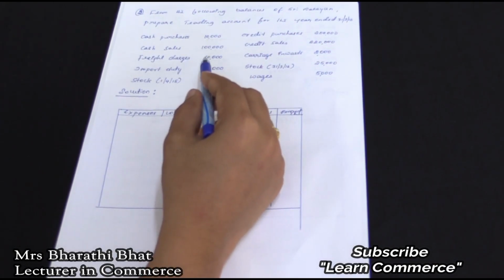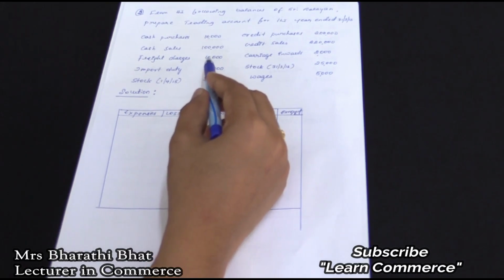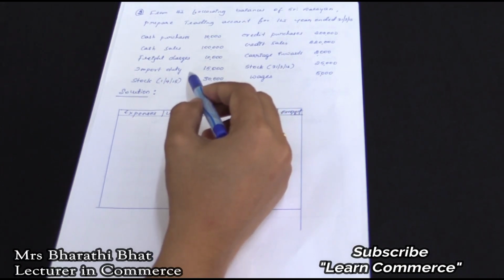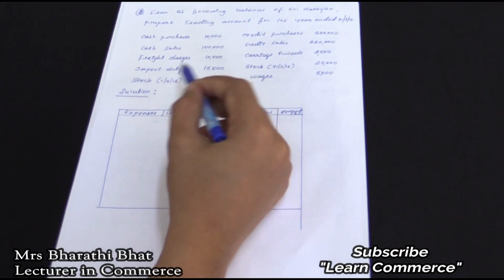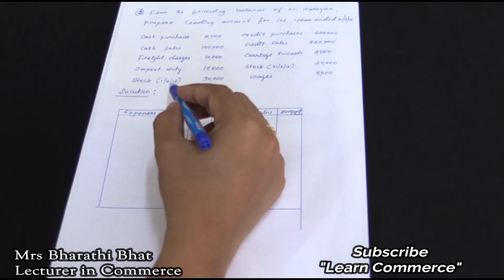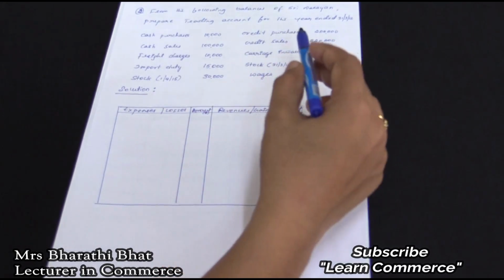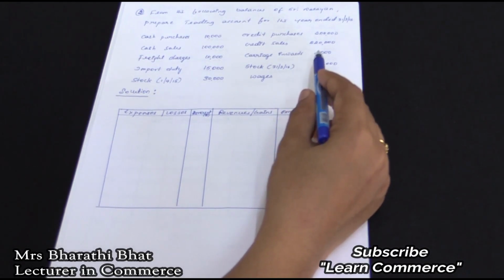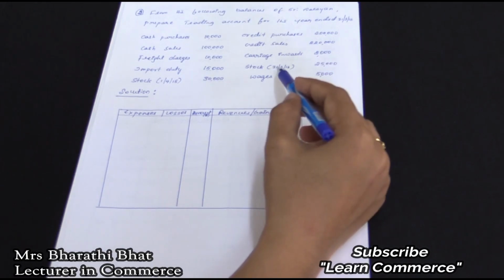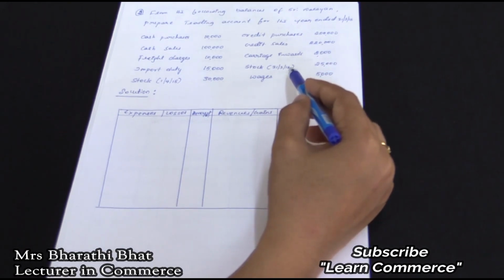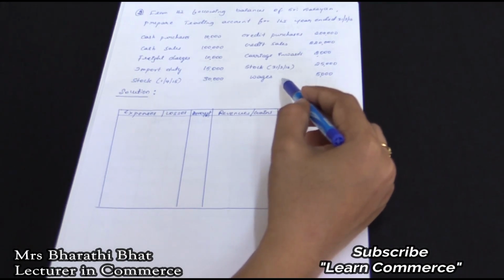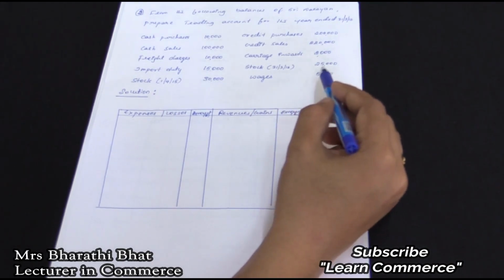Freight charges is considered as direct expense. Import duty, direct expense, and stock on 1/4/15. It means opening stock. Then carriage inwards. Carriage inward comes under debit side of the account. Stock on 31st March 2016, it is nothing but closing stock. Wages, direct expense under debit side.